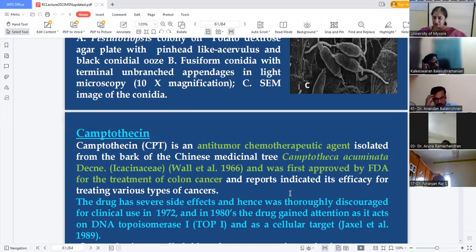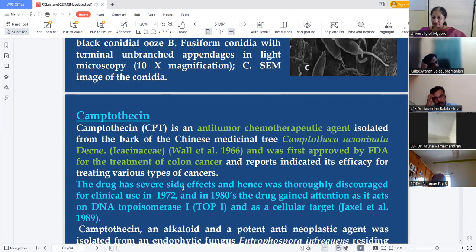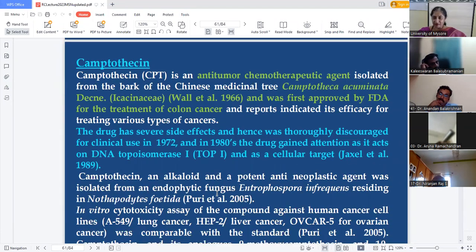So it has the efficacy to treat various cancers, but since the drug has lots of side effects, it was discouraged from clinical studies in 1972. And because of its DNA topoisomerase activity as a cellular target, it came back into action by 1980.